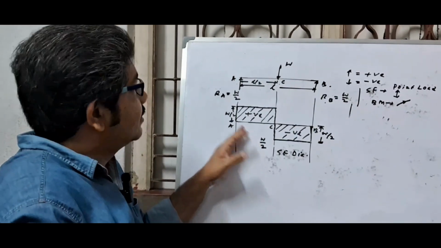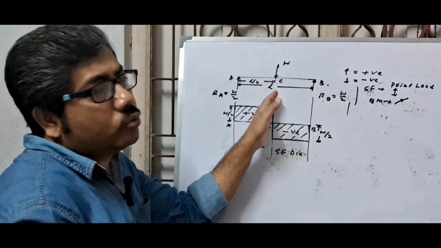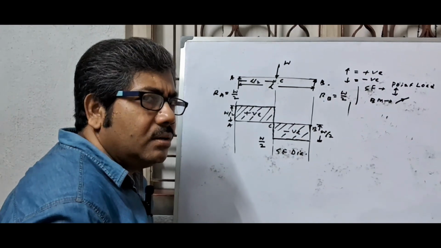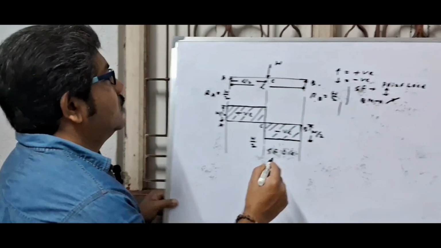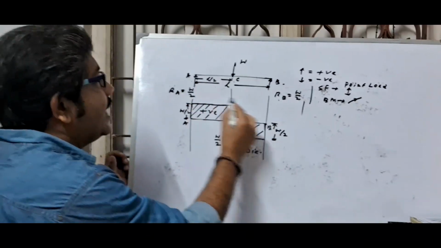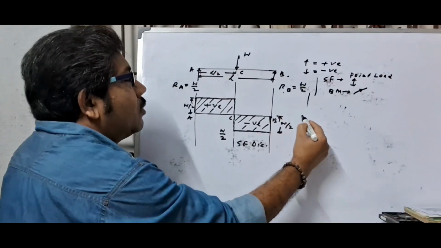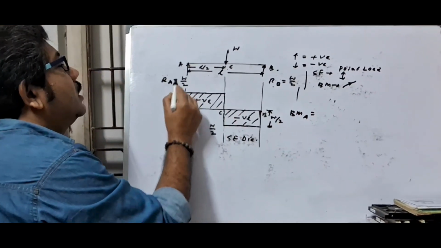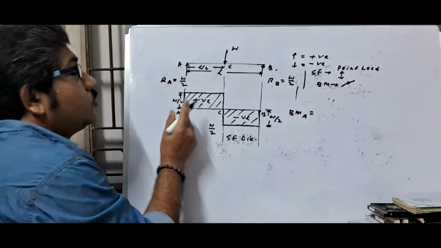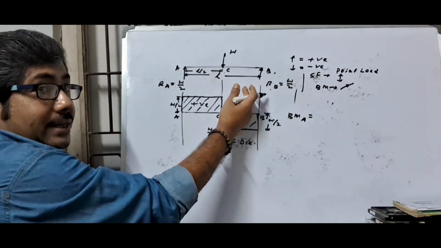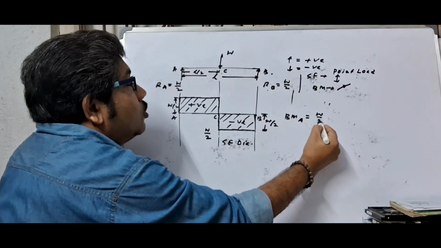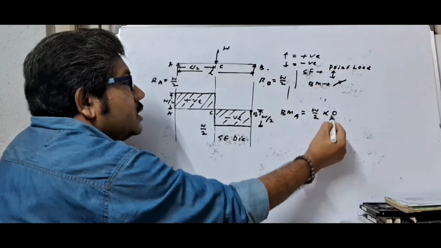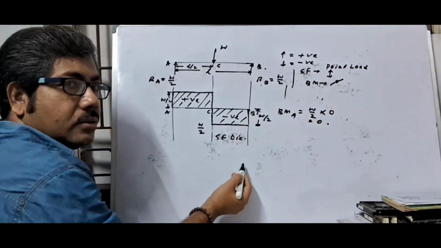For the bending moment diagram, you can calculate from left to right or right to left, whichever you prefer. At point A, look at the figure, the load is W by 2 if you calculate from left to right, but taking moment at point A there is no distance, so this is 0.